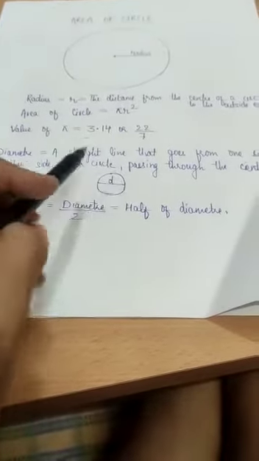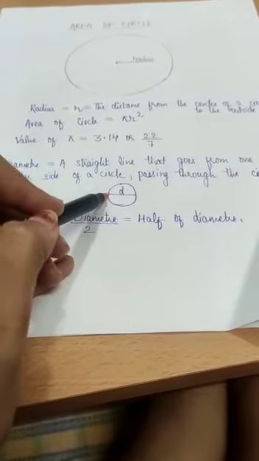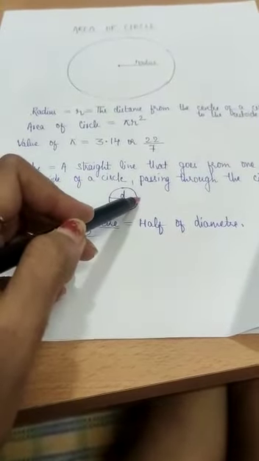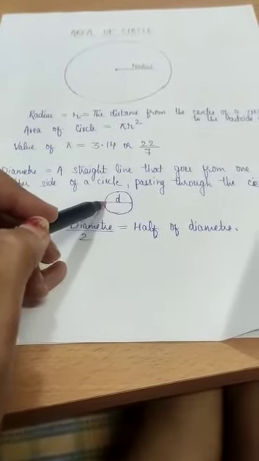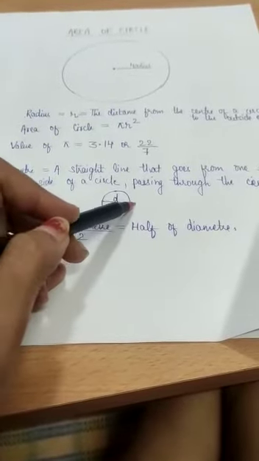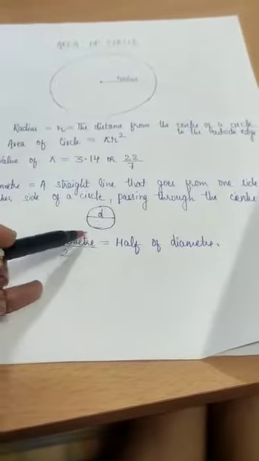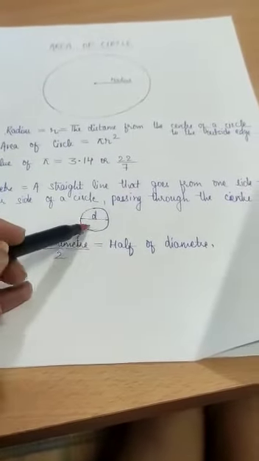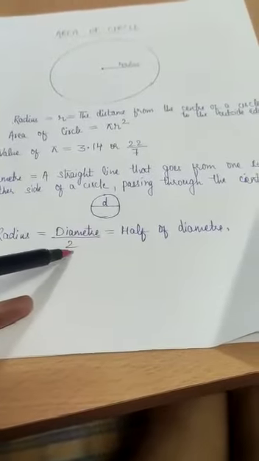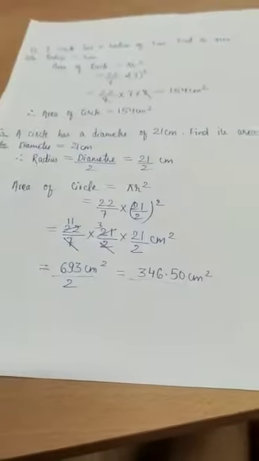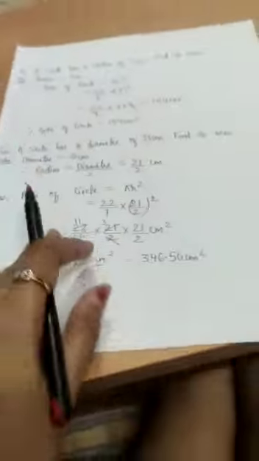That is, diameter is a straight line that goes from one edge of the circle to the other edge of the circle passing through the center, and radius is always half of the diameter. Now let us take some examples to understand.